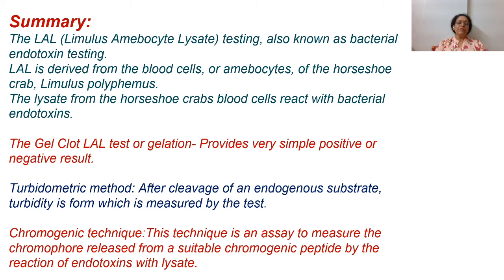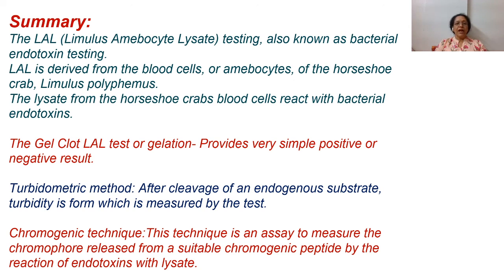At the end, there are a total of 3 methods of the LAL test: the gel clot LAL test, or regulation method; second is the turbidometric method; and third is the chromogenic technique. The first one, the gel clot method, is a qualitative or semi-quantitative simple method, and the turbidometric and chromogenic methods are qualitative as well as quantitative methods.